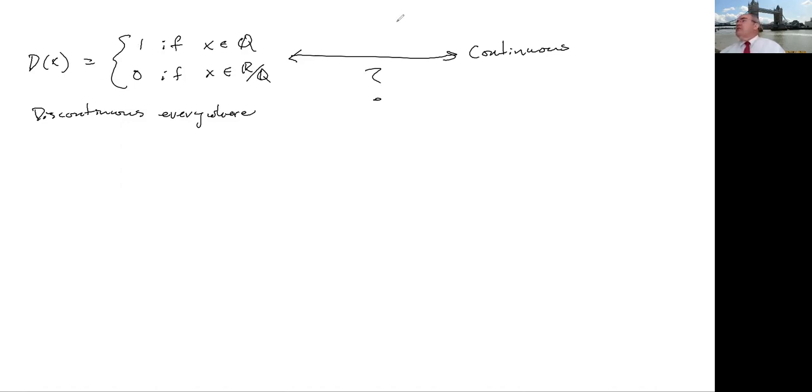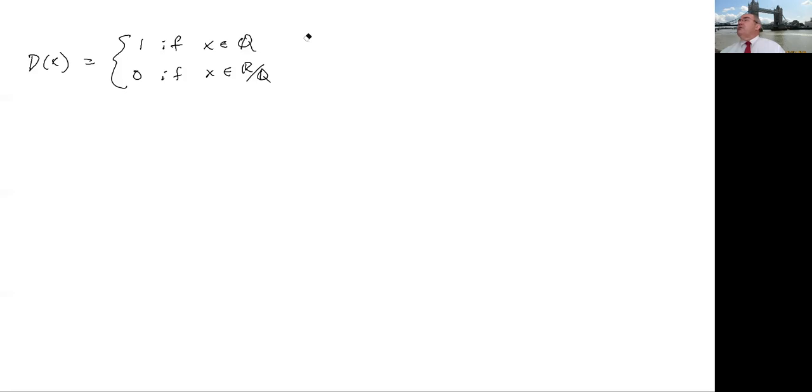Actually, I should have been a little clearer. We're not looking across the entire real line, since that's not a bounded interval. So let's just standardly look on 0 to 1. What if we made a little modification here? This takes us back to the fact that the rationals are countable. Let's take the rationals and enumerate them.